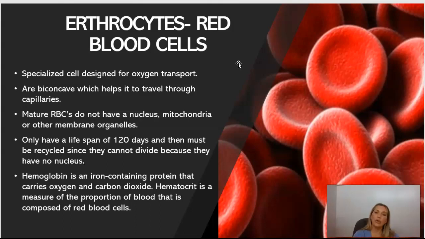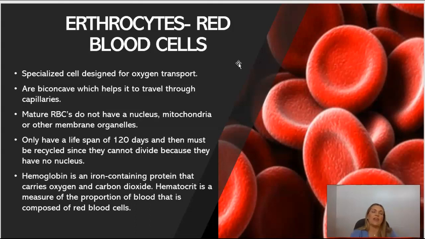And then you have the hemoglobin, and this is an iron containing protein that carries oxygen and carbon dioxide. And then hematocrit is a measure of the proportion of blood that is composed of red blood cells. So you've probably heard by now, hemoglobin and hematocrit, and this is usually in what we call the complete blood counts.